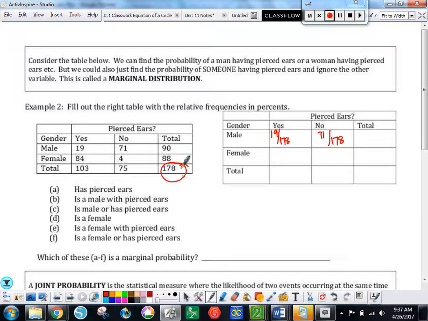So when I say a marginal distribution, I mean in the study, what's the probability they were male? Well, 90 out of the 178. So you're still looking at the total. You're just looking at one specific category, not breaking it up by yes or no. Females would be 84 out of 178.